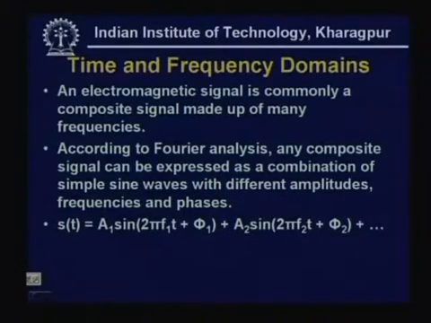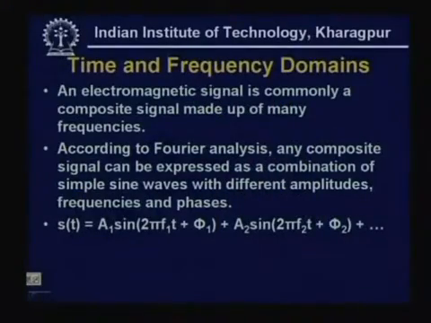However, whenever you vary the amplitude, phase, or frequency, it becomes a composite signal, and that composite signal, when shown on the oscilloscope, does not convey much meaning to us. In such a situation, it is better to have a frequency domain representation of the signal.